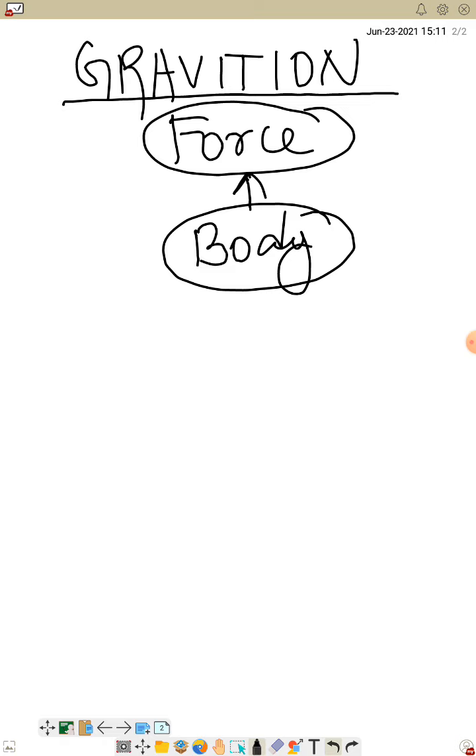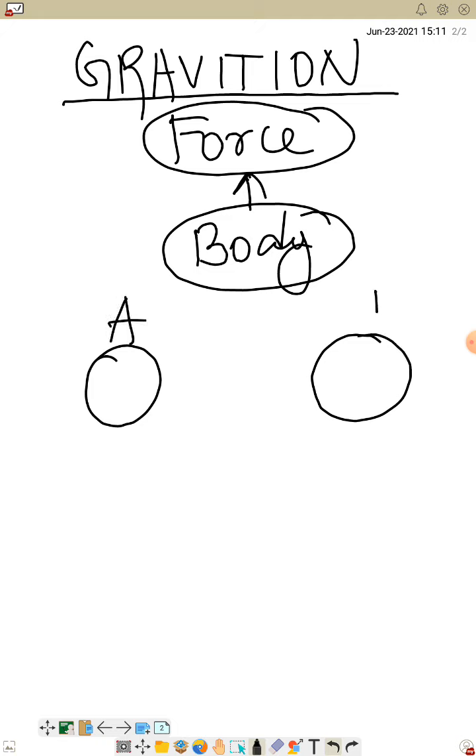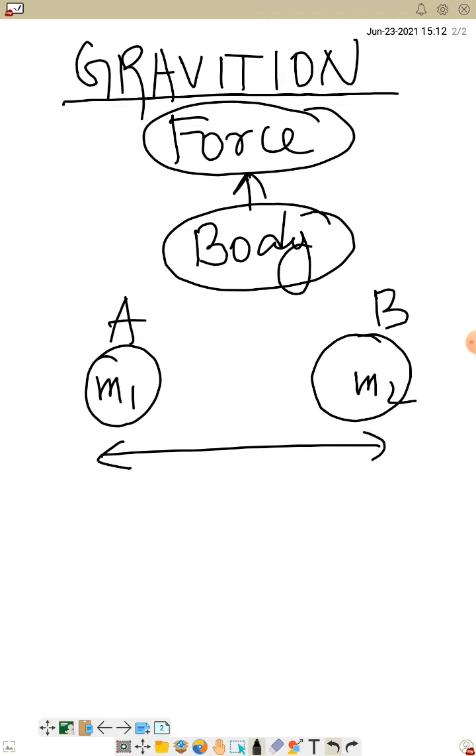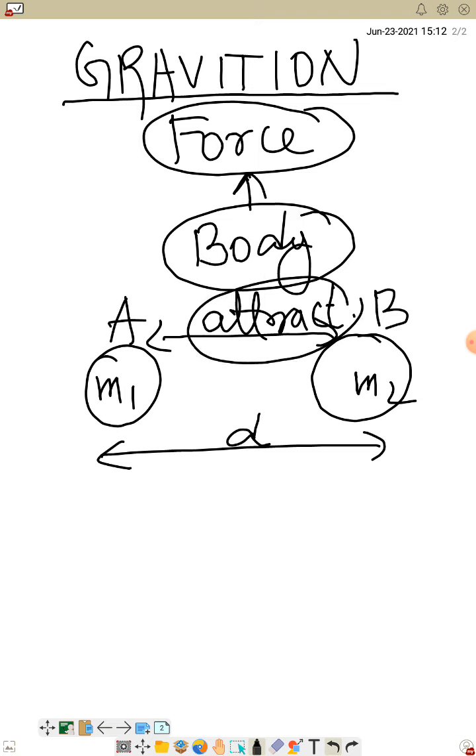So Newton found out that whenever two particles, suppose these are the two particles, particle A and B, or you can say two bodies A and B, having the masses m1 and m2 separated by a distance d, they attract each other. This attraction, the force of attraction, is actually what? Gravitation. Are you getting my point?